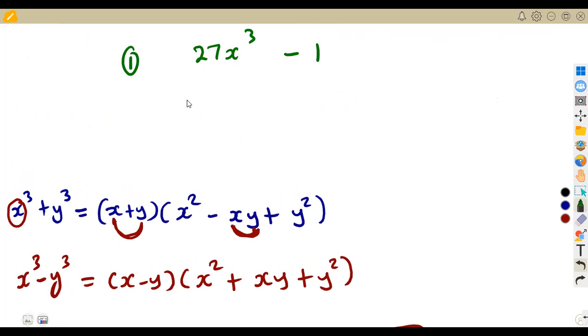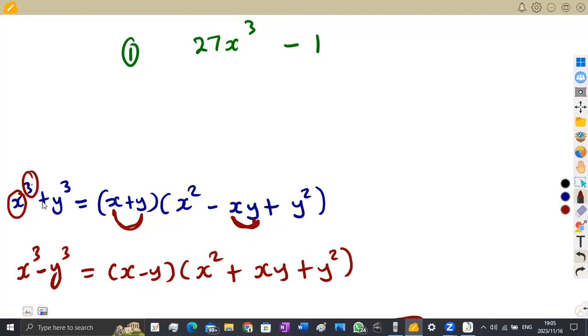So what you need to ask yourself, guys, is: do I have this condition? Yes, I'm subtracting, but are they cubes? Is 27 a cube? So I have to test. I can even test on my calculator. Take note, guys, what I'm saying here: this is to the exponent of 3.